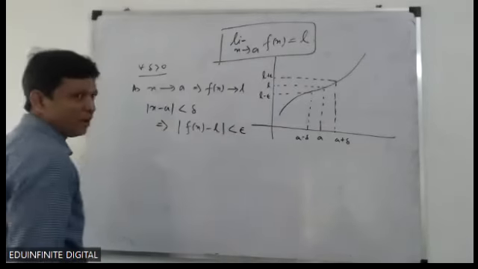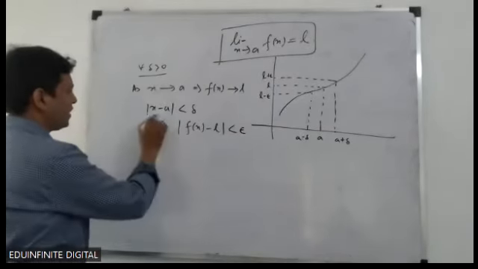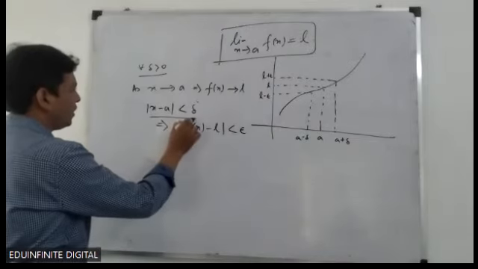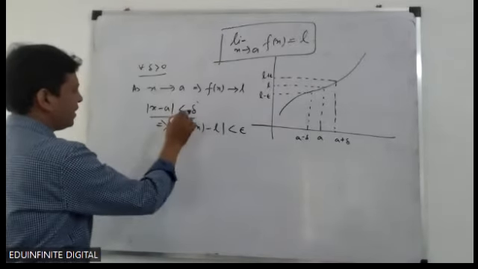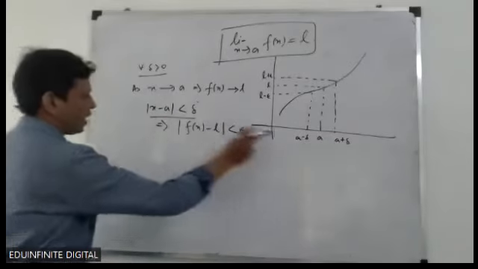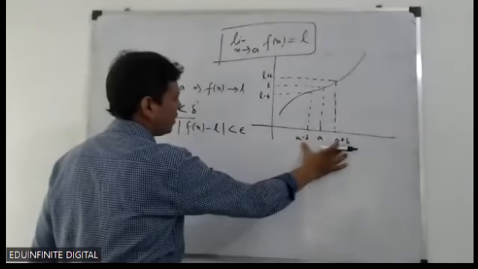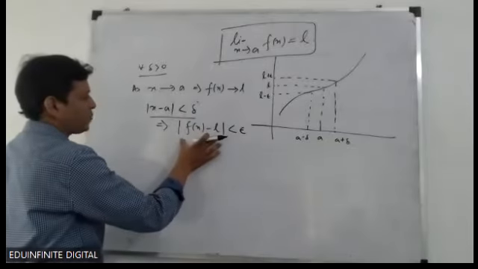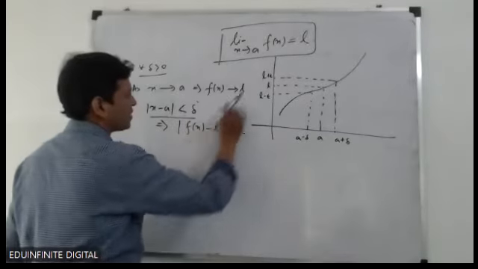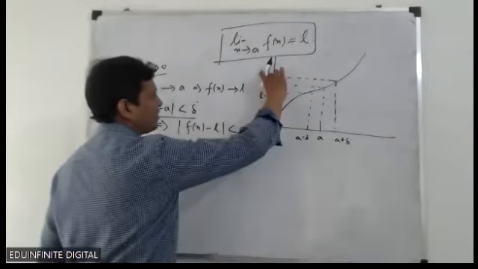Mod x minus a less than delta means x belongs to this interval, and mod f(x) minus L less than epsilon means your function lies in this interval.